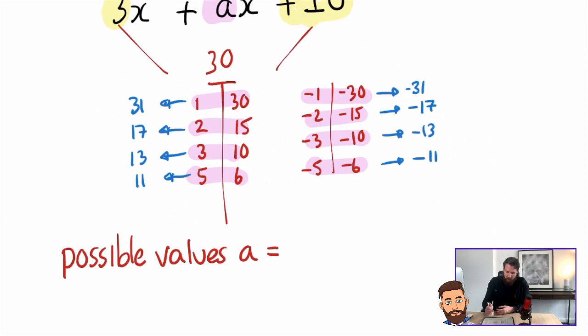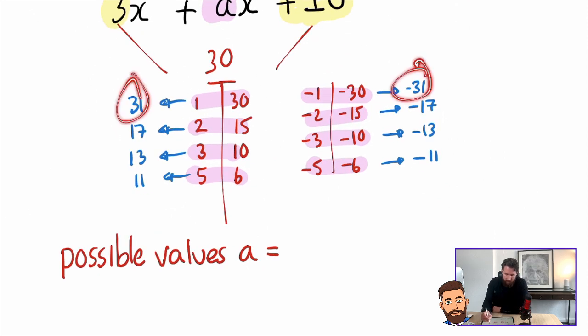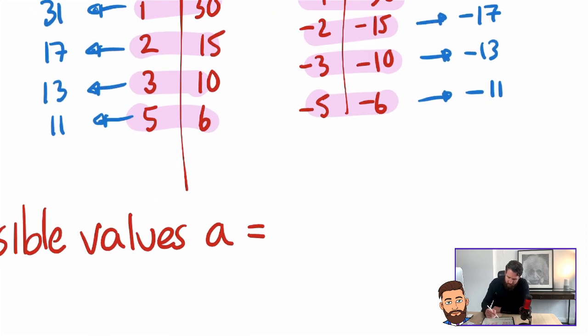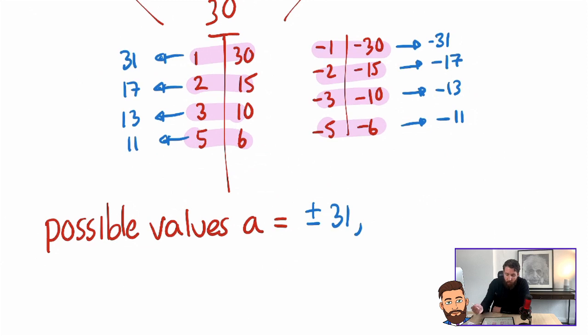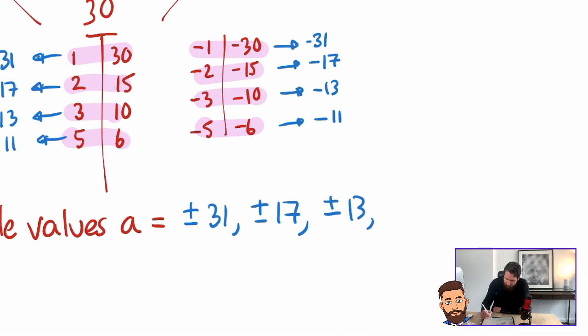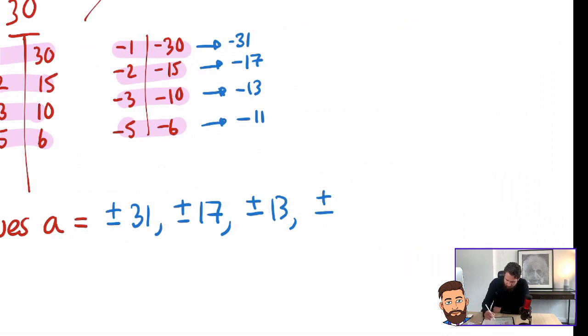What's the best way you can write this? Well, we've got 31 and minus 31. Instead of writing them all out, we could just put plus and minus 31. Yeah? That just means you can have the plus or the minus version. We could have the plus or the minus version of 17, of 13, and of 11.